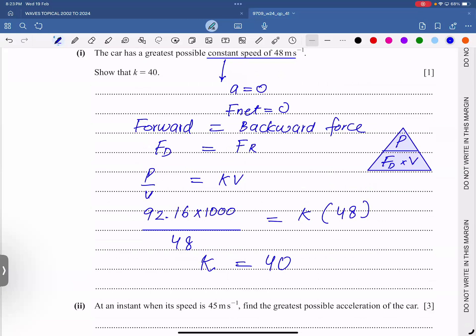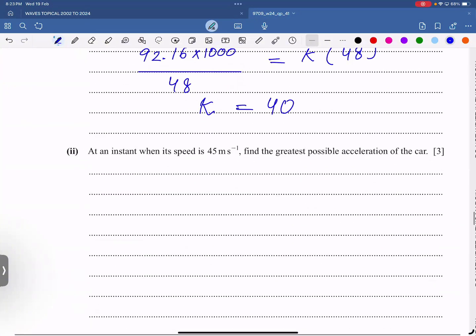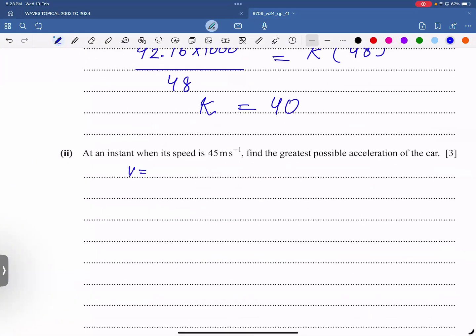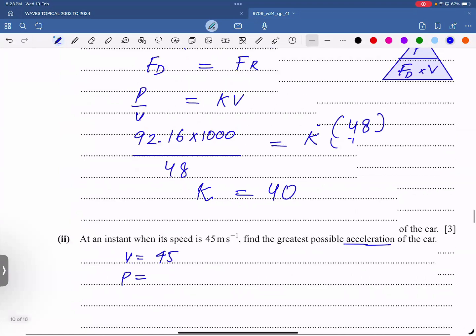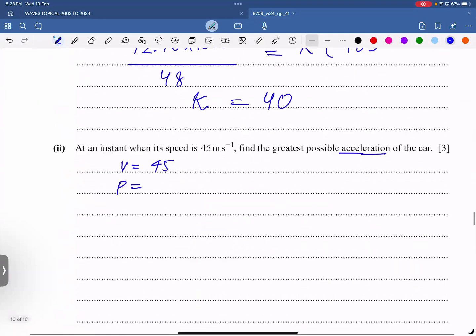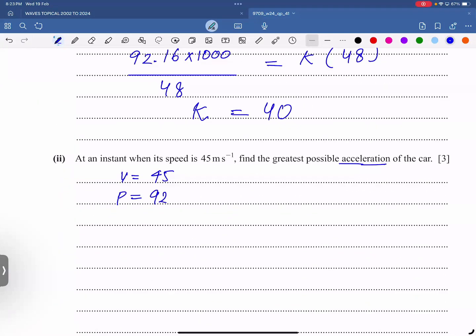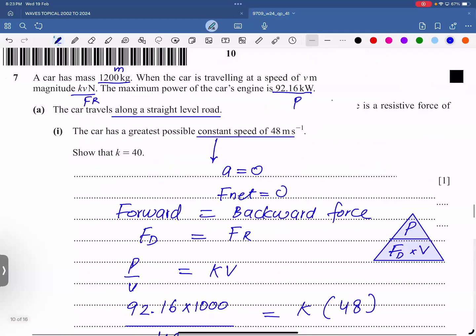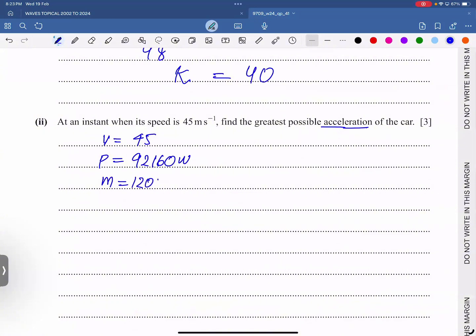At an instant when the speed is 45, find the greatest possible acceleration. We already know the power is 92.16 kilowatts, which is 92160 watts. We already know the mass is 1,200 kilograms. Newton's second law of motion says ma is equal to the driving force minus resistive force.